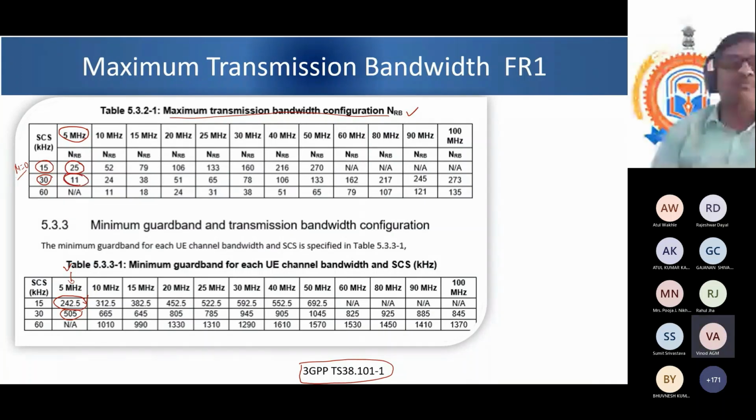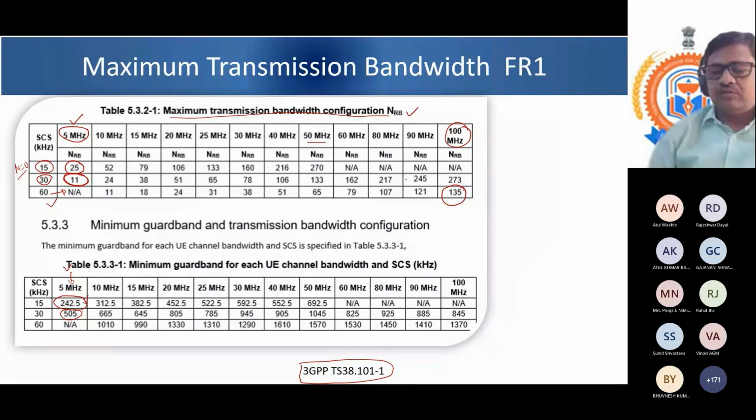Please also note that in 5 megahertz channel bandwidth, they have not recommended to use 60 kilohertz and beyond. You got my point? So this in a tabular form, 3GPP has defined, although we did calculation in the morning. If you recall, we had done calculation for 50 megahertz and 100 megahertz. And for 100 megahertz, we had used 60 kilohertz, so we had got 135 RB. You will recall that. Right?